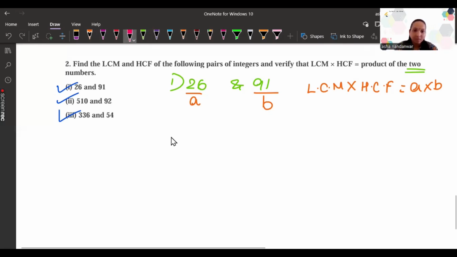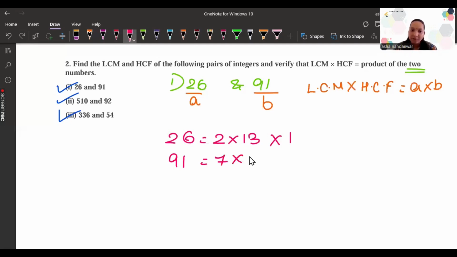26, which is equal to 2 into 13 into 1. And 91, if I have to write down the prime factors, will be 7 into 13 into 1.